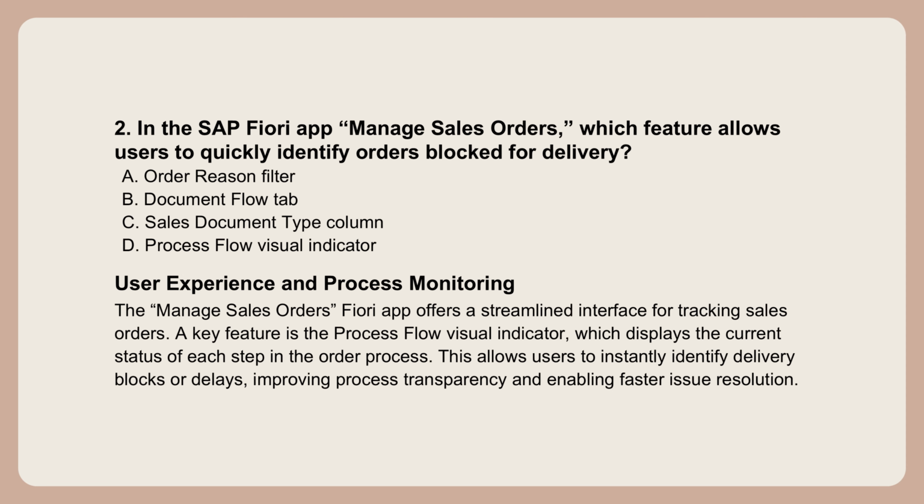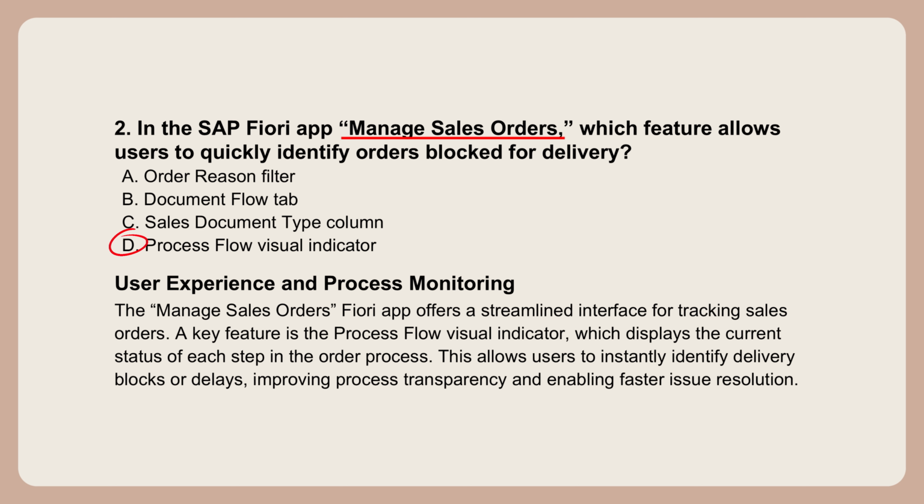Okay, next point. Let's talk user experience. Monitoring orders. The Manage Sales Orders Fiori app is pretty central, isn't it? Oh, yeah. Users run that a lot. So how does it help someone quickly see if an order's stuck, maybe blocked for delivery? The source points to a specific feature for that quick visibility. It's the process flow visual indicator.